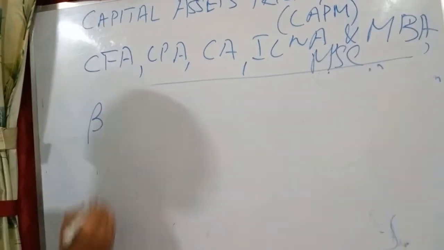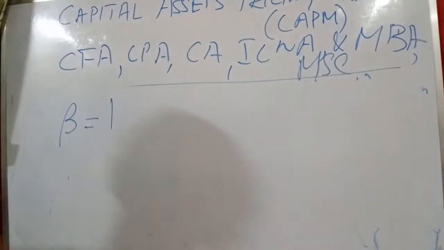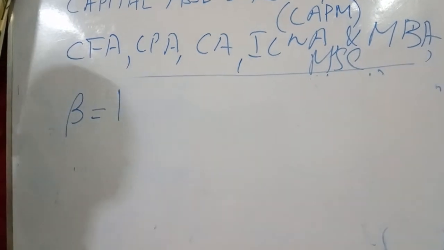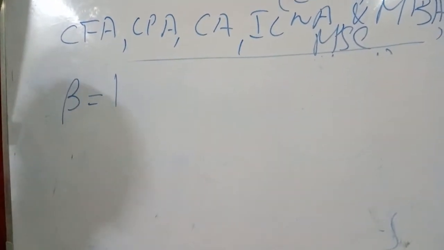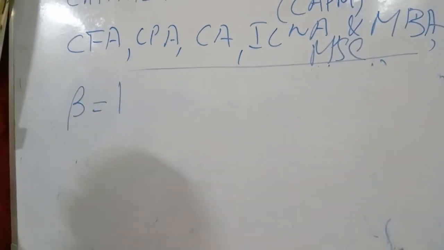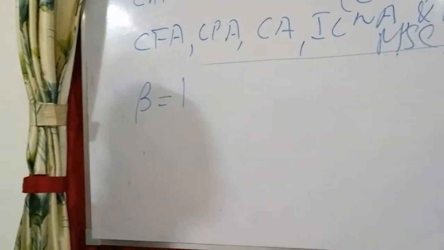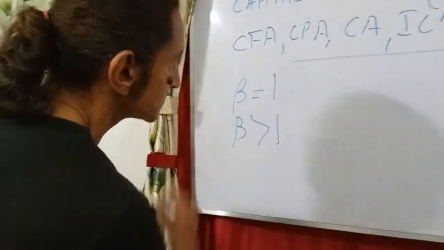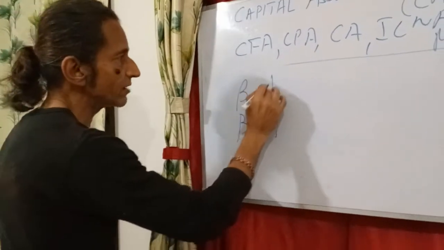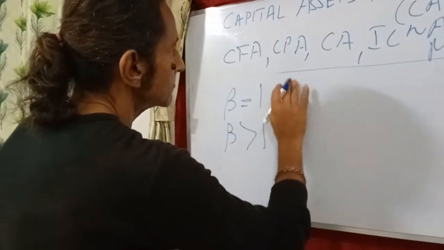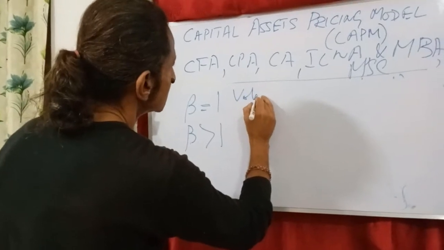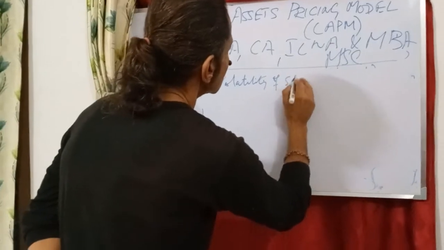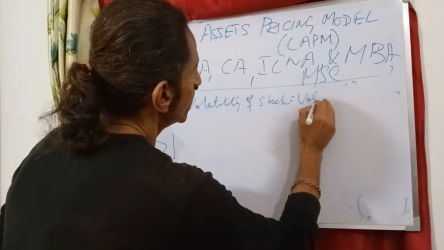If beta is equal to 1, this means the stock is exactly as volatile as the market. The stock moves in the same direction as the market moves. Beta equal to 1 means the volatility of the stock is equal to the volatility of the market.